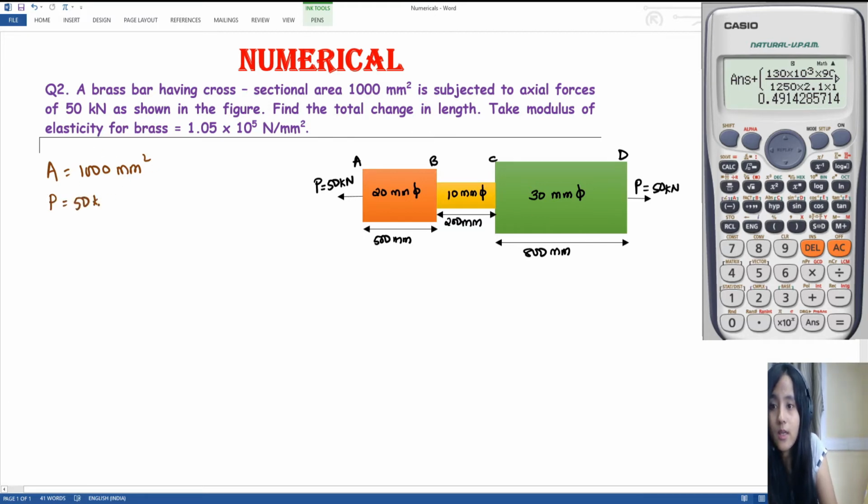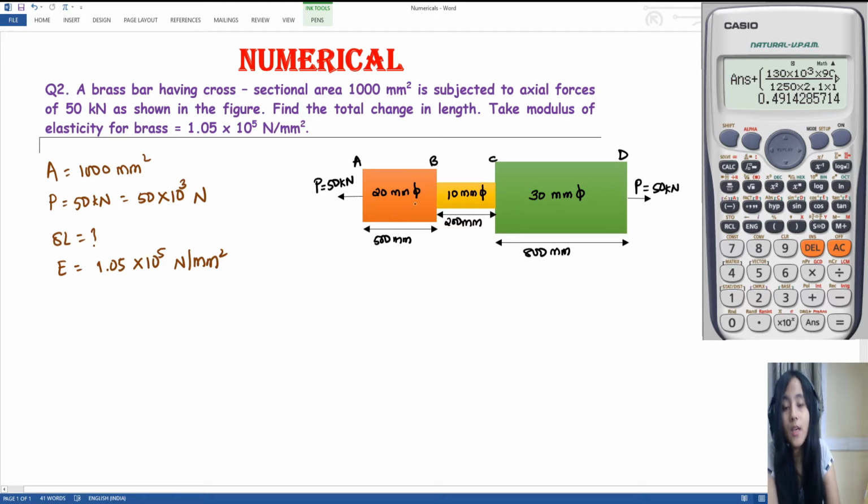Now let us convert this kilonewton to Newton. It will be 50 into 10 raised to power 3 Newton, right? Then we are asked to find change in length, del L, and modulus of elasticity E is given equal to 1.05 into 10 raised to power 5 Newton per mm square.